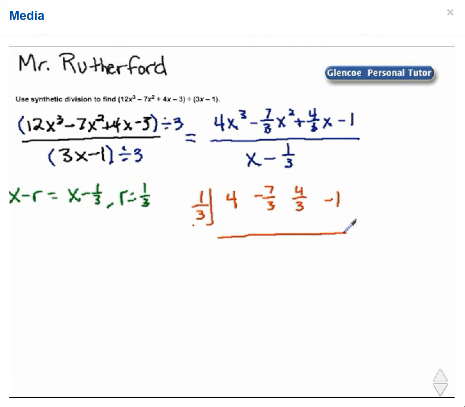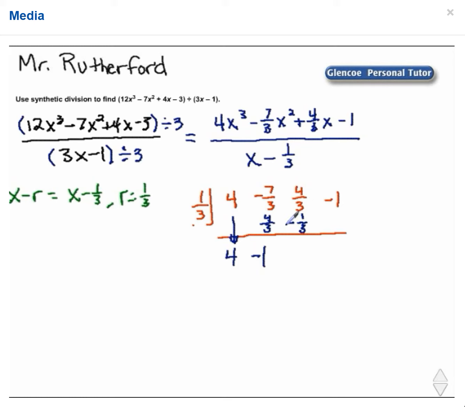Now my first step here is going to be to bring down our 4 and multiply 1/3 times 4, and that product will be 4 thirds. Then we'll add negative 7 thirds and 4 thirds, and we'll get negative 1. Then we'll multiply 1/3 times negative 1, and here we'll get negative 1/3.